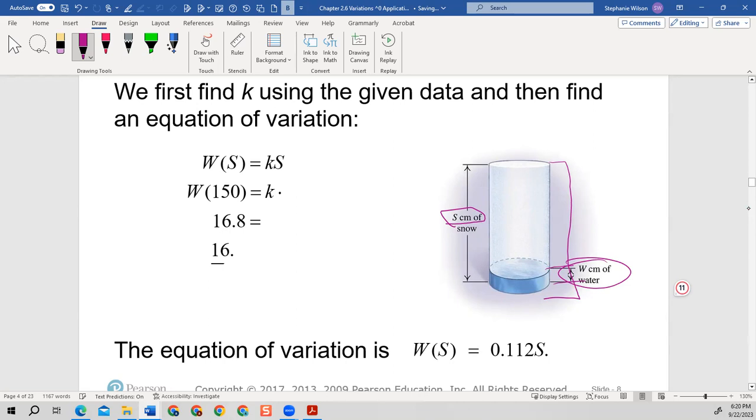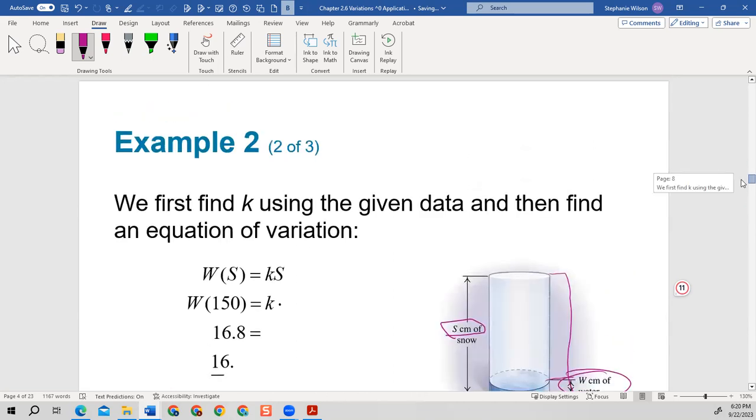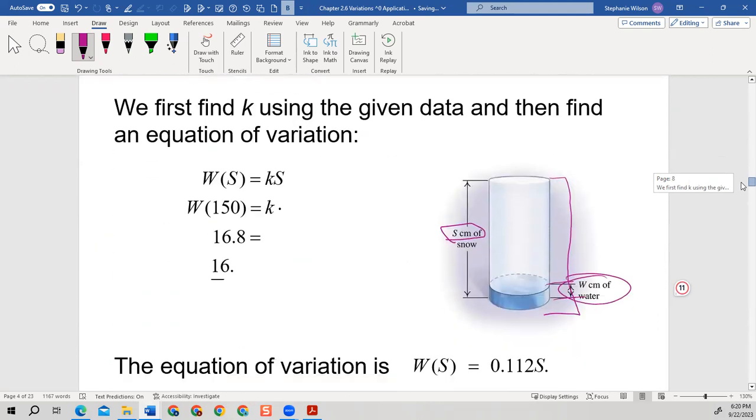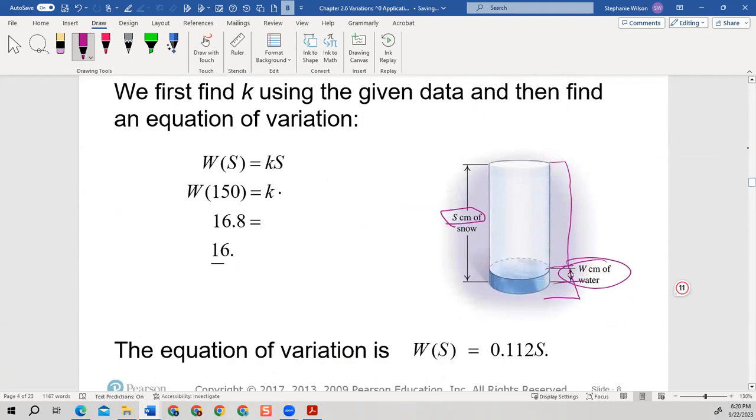Let's go back to the application problem. It said that meteorologists have found that under certain conditions, 150 centimeters of snow will melt to 16.8. Of course, this is not what we need.